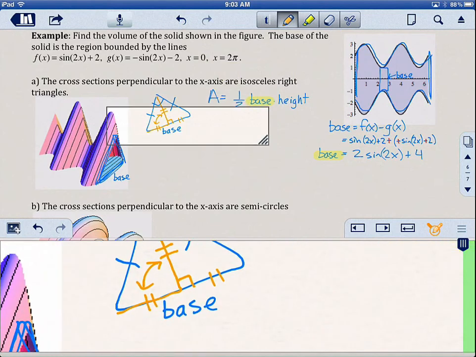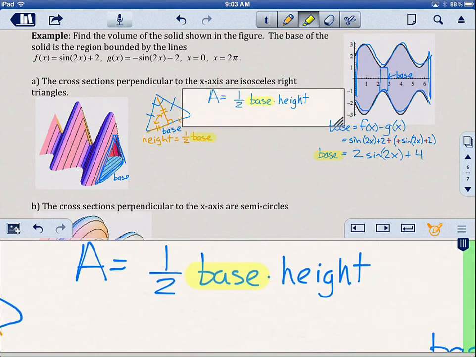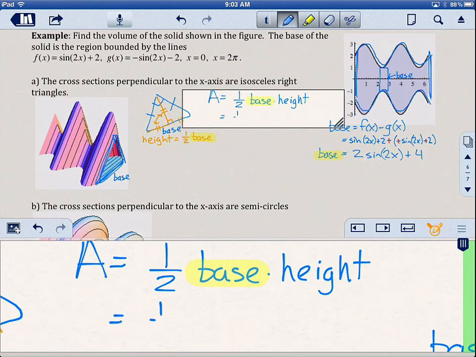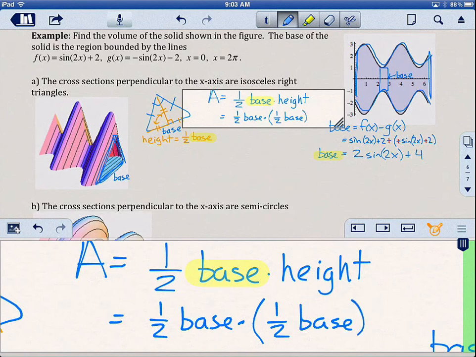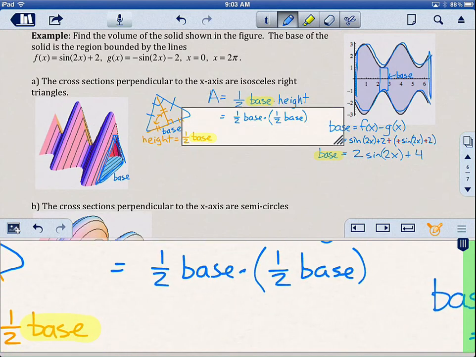So we know that height is going to equal 1/2 of the base, which is good because we know what the base is. So let's rewrite this. We have 1/2 times the base times the height, which is 1/2 base.